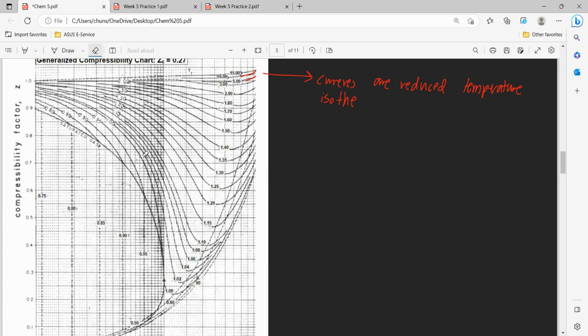Okay, so say we had a reduced temperature value of 1.20. So let's start with this line. Let's follow that curve all the way till over there.